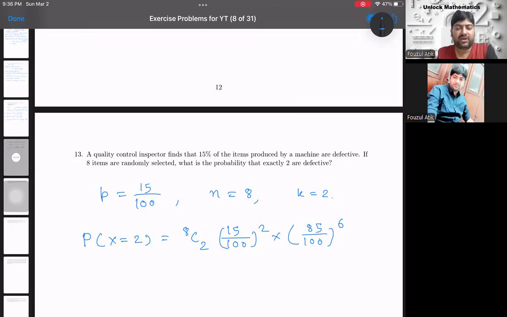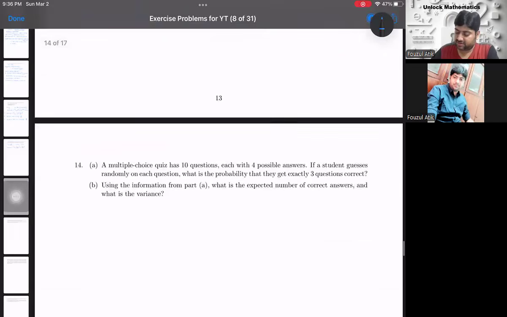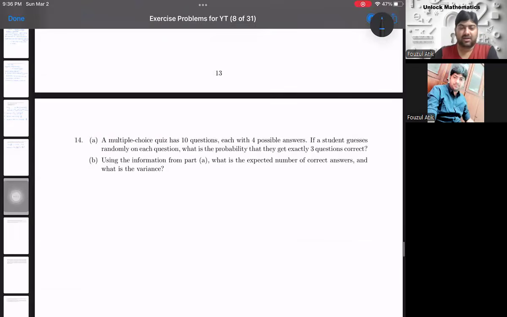Now we have another question. Let's see whether you can identify which random variable it will follow. A multiple choice quiz has 10 questions, each with 4 possible answers.